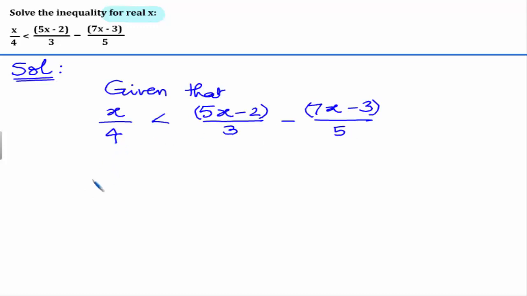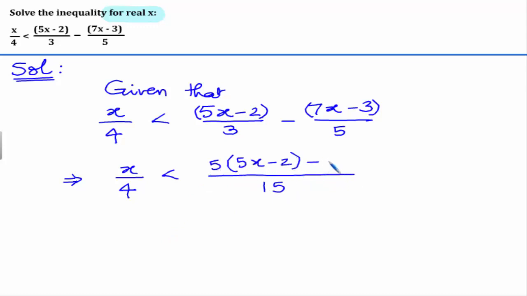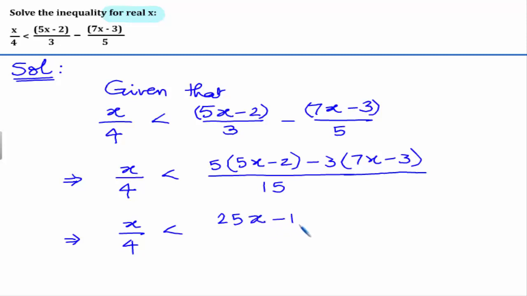To solve the inequality, let us simplify it first, which is x by 4 less than, here we'll take the LCM, which is 15, so 5 into 5x minus 2 minus 3 into 7x minus 3, and on further simplification we get x by 4 less than, let us write this fraction now, which is 25x minus 10 minus 21x plus 9 by 15.